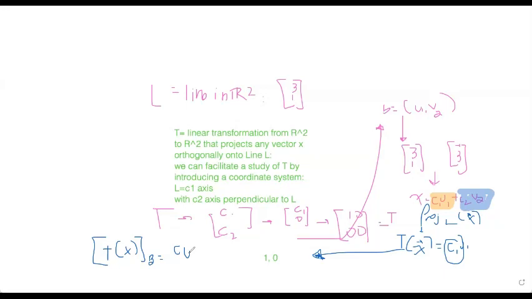So that means that the matrix B, or T, equaling 1, 0, 0, 0, transforms the vector coordinate of X, which is C1, C2, into the vector coordinate of T of X, which is C1, 0.